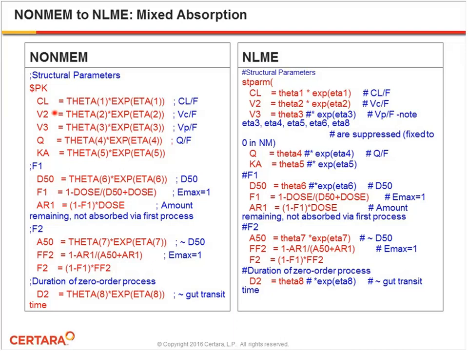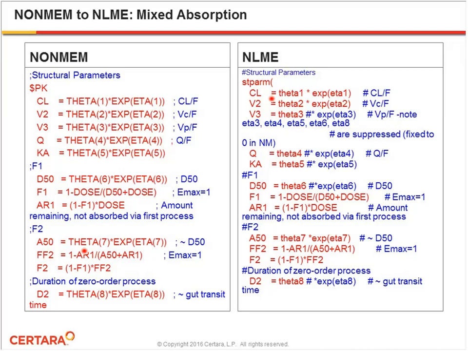So these are the structural parameters defined in NONMEM: clearance, central volume, peripheral volume, flow, absorption rate constant, and the parameters of the two absorption processes. And they are then defined with this typical product of theta, the fixed effects, times e to the power of eta, the random effect. And you see this is defined analogously for each of the structural parameters.